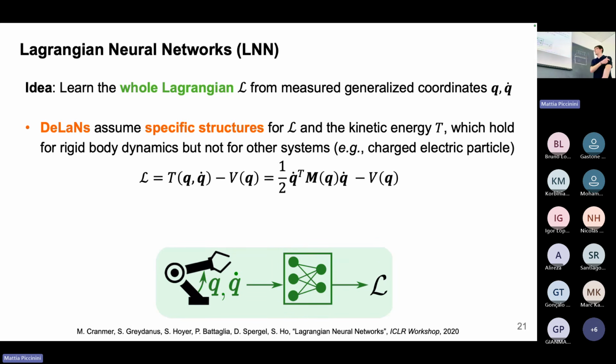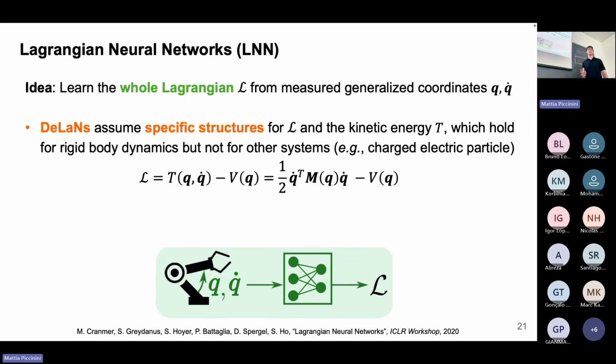Lagrangian neural networks say we want to be more generic. We don't want to use the equation that was used by deep Lagrangian. Here we want to learn the whole Lagrangian directly from data. So we have measurements, q and q dot, and learn everything from data. We reduce the structure. Yes, it's a step back, but it doesn't mean it's worse.